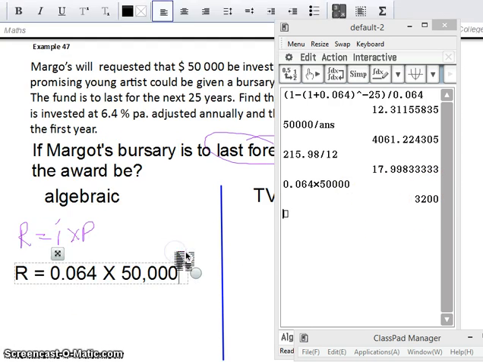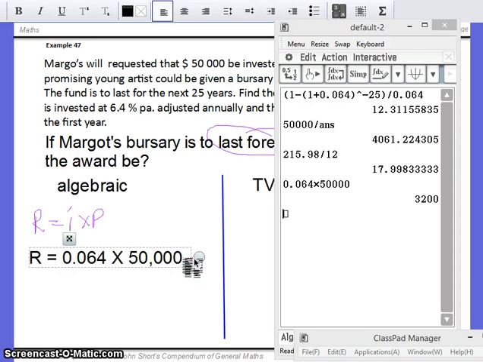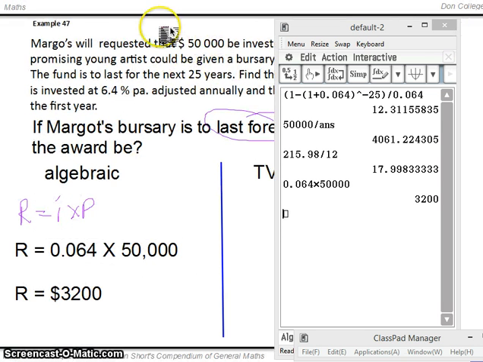So if Margot sets it to be $3,200, then that money will never disappear. $50,000 will grow by 6.4%, giving you $3,200 of interest, or $53,200. Take $3,200 out every year, and you'll always have $50,000 left.